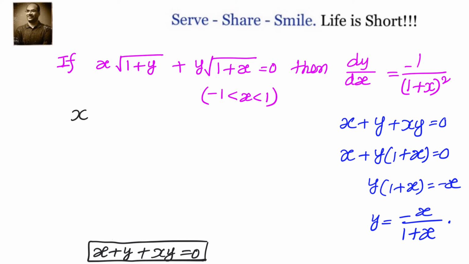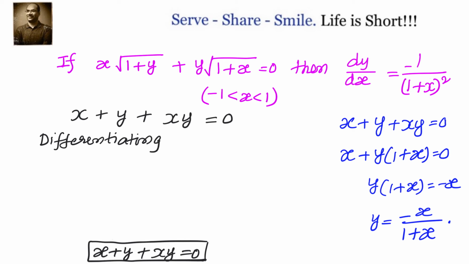Now let's go to the equation we got earlier, x + y + xy = 0. Let us differentiate this. The derivative of x is 1, and the derivative of y is dy/dx, which I'll write as y1. Then for xy, this is the uv product formula.